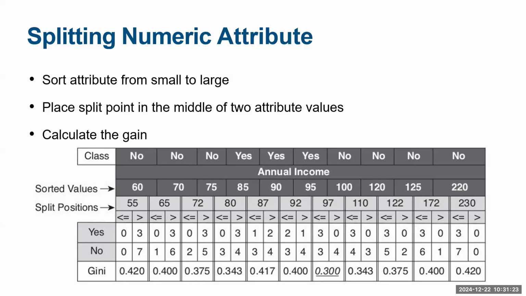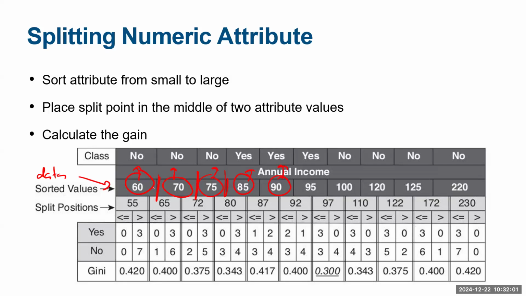And when you split, for example, this is your data: 60, 70, 75. This is your sorted data, and for each data point you have a class. When you pick the split, you pick the value between two adjacent values. For example, from 60 to 70, you pick 65.